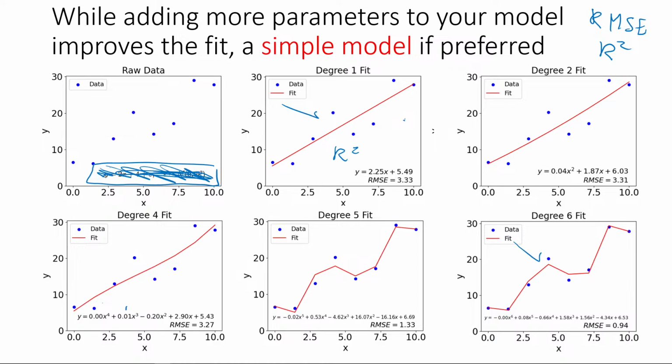But it will penalize the model for the number of parameters. So if the model has a lot of parameters, it will be penalized for this. If the model has fewer parameters, it will be rewarded for this. So that's called BIC.